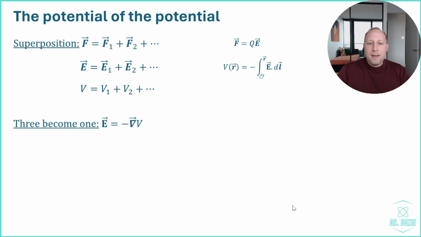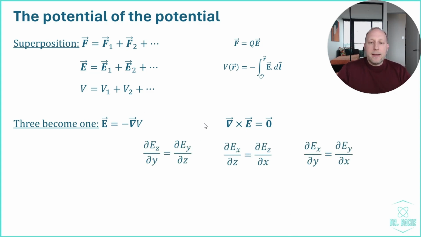The answer is that Ex, Ey, and Ez are actually not independent of each other. The whole point of the curl of E being 0 is that the components of E have some dependence on each other. Specifically, saying that the curl of E is 0 means that each of those three equations has to hold. Partial derivatives of Ex, Ey, and Ez are related to each other through these relations.